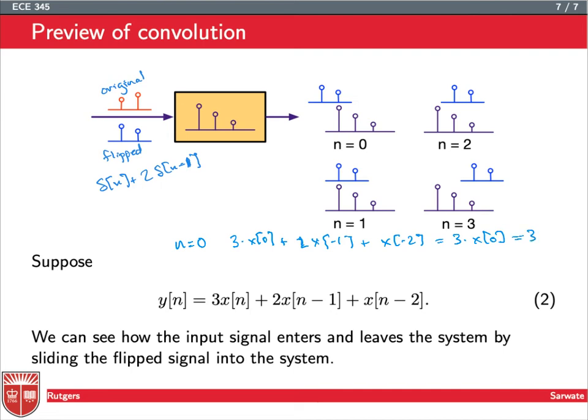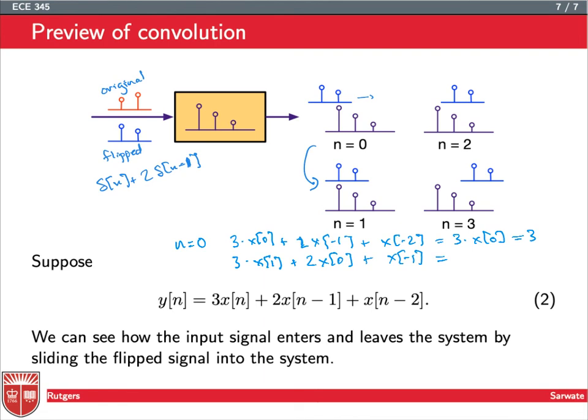And then at time 1, this signal gets shifted over by 1. We're going to get 3 times x of 1 plus 2 times x of 0 plus x of minus 1. X of minus 1 and x of minus 2 are both 0. So here I'm going to get 3 times 2 for the x of 1 and 2 times 1 for the x of 0.